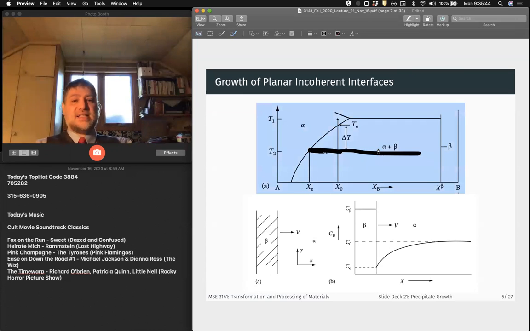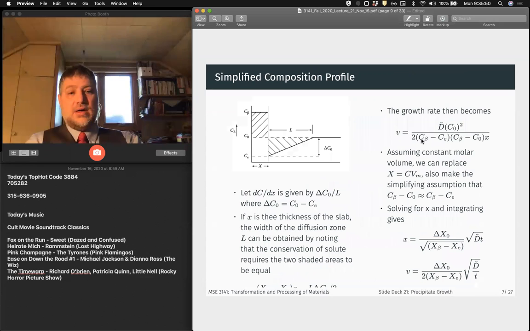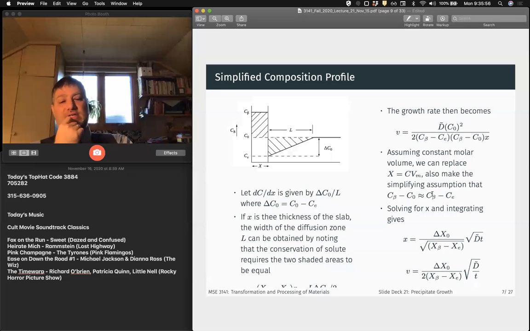If that's the case, we can make another assumption and say that CB minus C naught is approximately equal to CB minus CE.